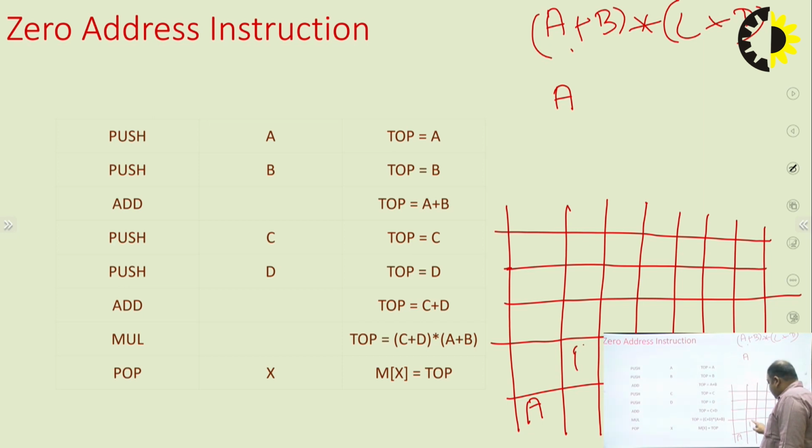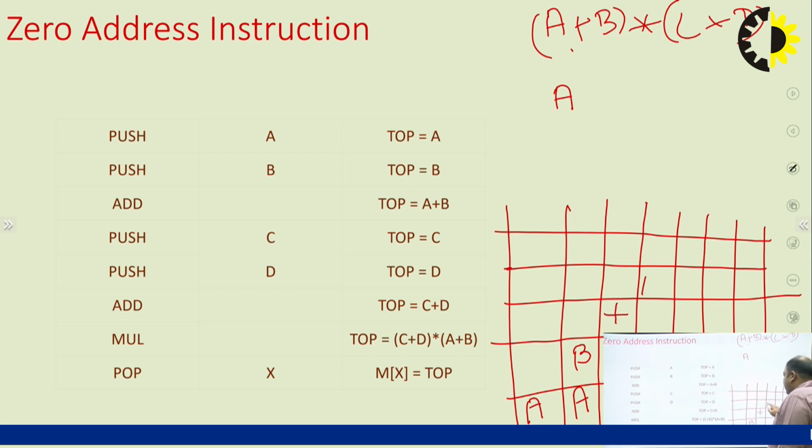Then we push B. So now what is at the top of the stack? The value of B is at the top of the stack. Now we insert our operation add. So what it will do? It will do A plus B, which is at the top of the stack.